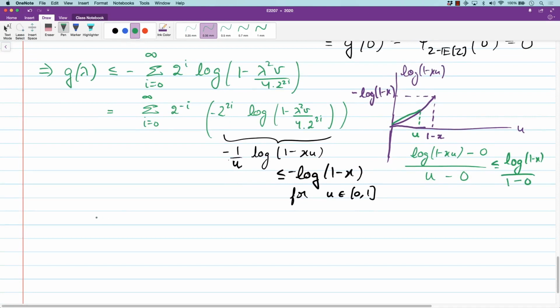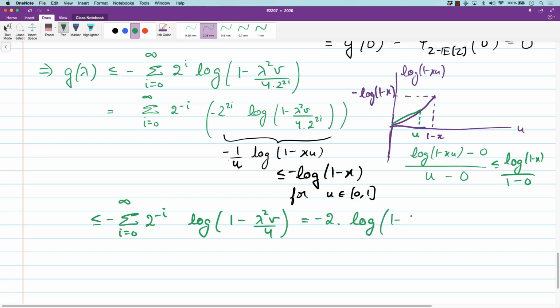Therefore, this is less than or equal to summation i equal to 0 to infinity of 2 to the power minus i, and what you have here is log of 1 minus x, with the minus outside. X for me is lambda squared v by 4. This summation is easy to sum; it just sums to 2. So this is equal to minus 2 times log of 1 minus lambda squared v by 4.